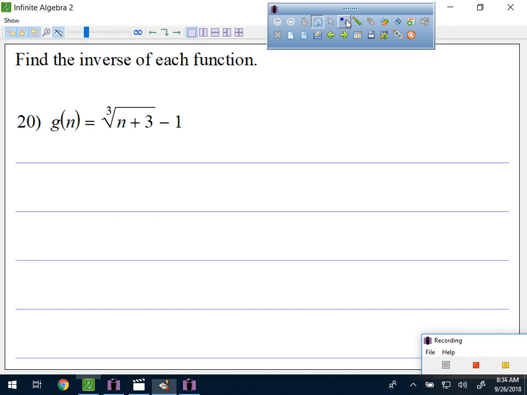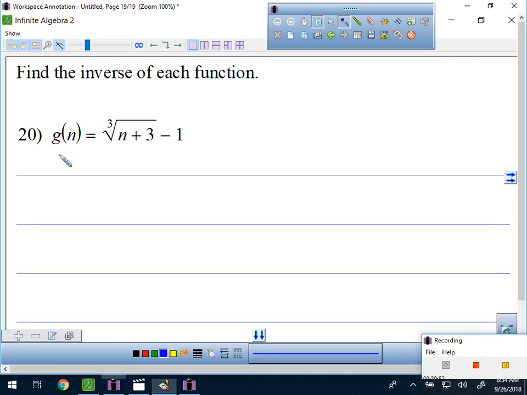All right, so remember, when you're finding the inverse, first thing is scratch that out and put a y there, and then we're going to put equals the cube root of x plus 3 minus 1. Now remember, to find the inverse, you make sure that you switch the x and the y.